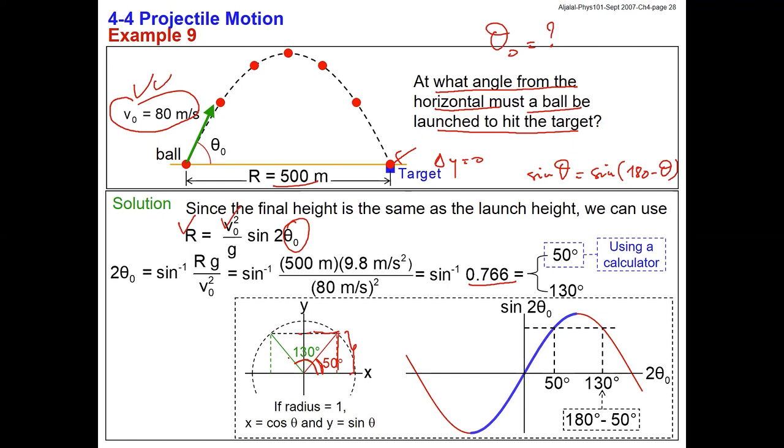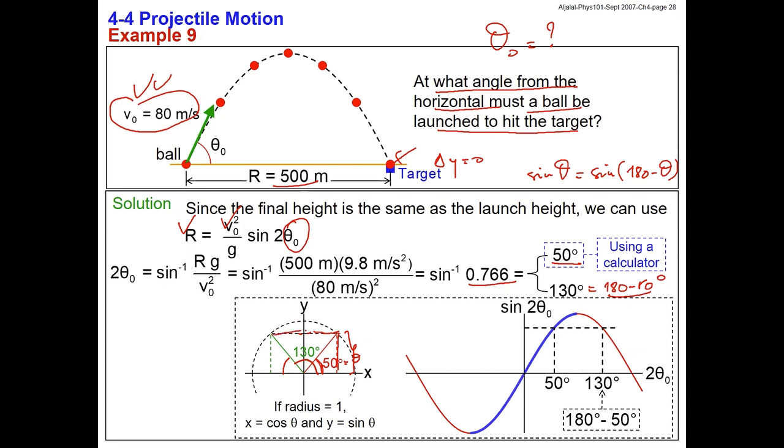And by the way, this big angle is 180 minus theta. So if theta is 50 here, this big angle is 180 minus theta. So basically the calculator will give me 50, but I know also that 180 minus 50 will give me a correct solution. And this is due to the property of sine.